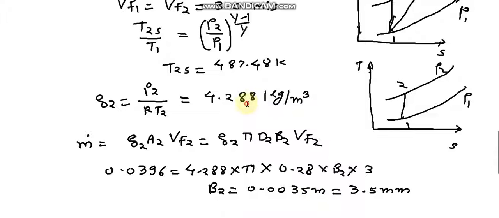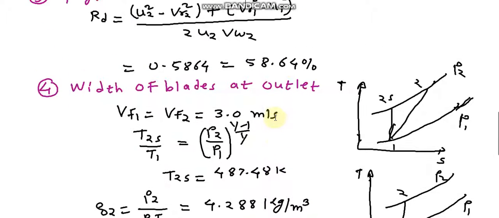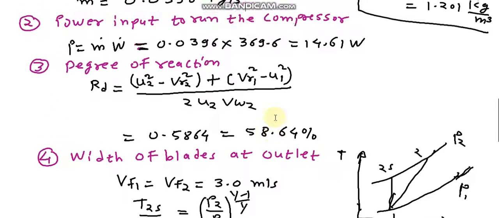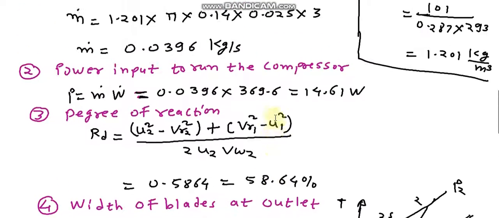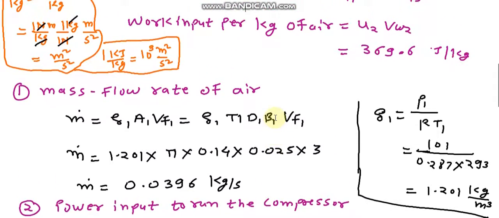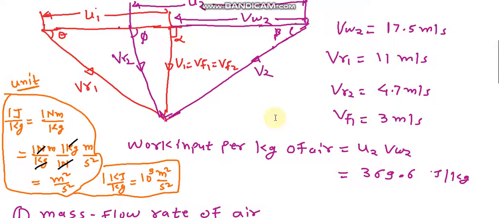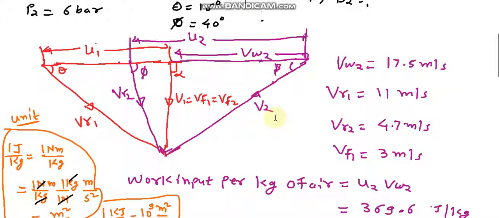Okay, this is a simple problem. Here you just put the formulae: mass flow rate, degree of reaction formula, work done formula, and again mass flow rate formula at the suction or inlet conditions. The only difficult part is just drawing this diagram. If you know this diagram and know the formulae, you can solve this problem easily.